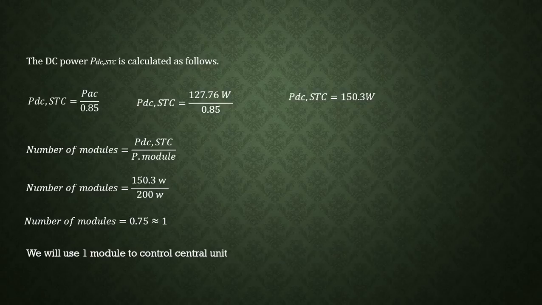Now we need to know the number of modules. The formula is PDC STC divided by the power of the module. Well, the number of modules is equal to 0.75, which rounds to 1. We will use one module for the control central unit.